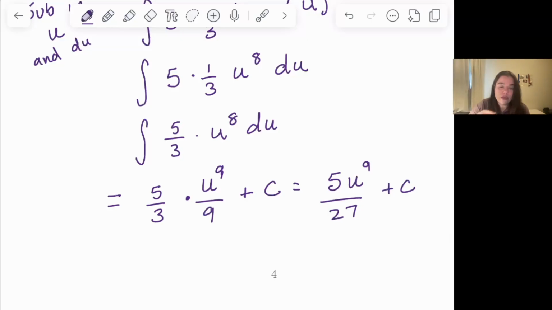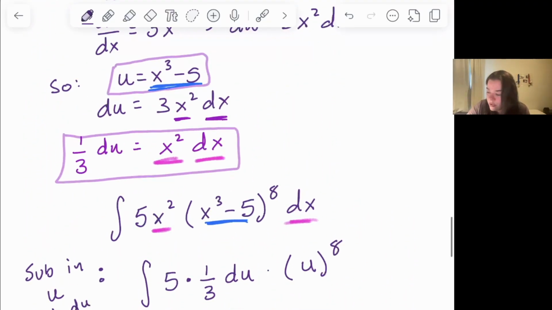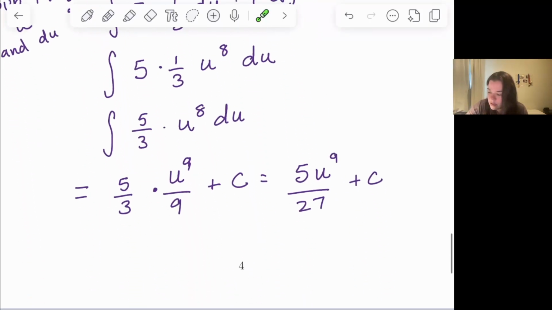But we need to remember that the original problem wasn't given to us in terms of u. We need to put back our u terms in terms of x's. So go back up and remind yourself. Looking up here, u was equal to x to the 3rd minus 5. So now just sub back out.